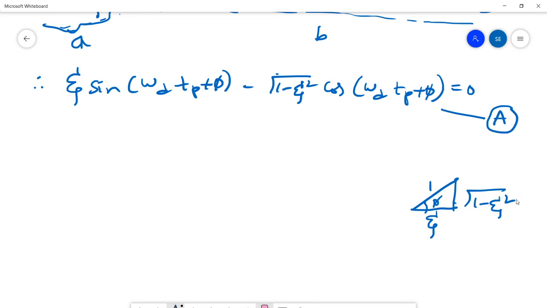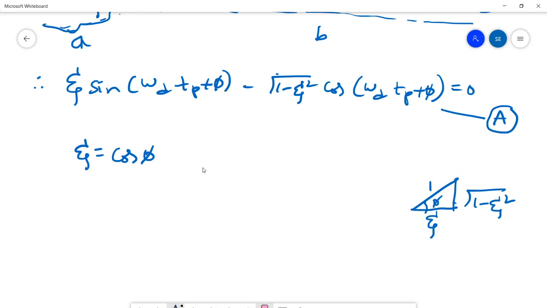So zeta is equal to cos phi, because cos is adjacent side by hypotenuse, zeta by 1.